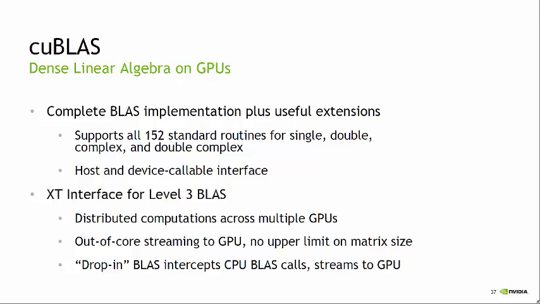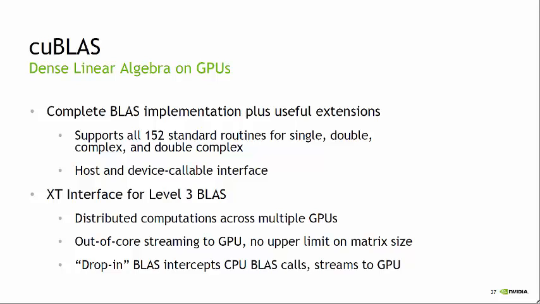Another extension is out-of-core streaming to a GPU. So if you have a truly massive matrix, it's no longer constrained by the GPU's memory size. It will stream data in and stream data off. I should point out level 3 BLAS is matrix operations, so all of these tend to be quite high complexity in terms of computation, but not so high in terms of memory movement.